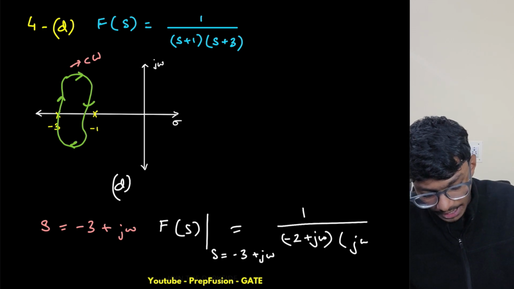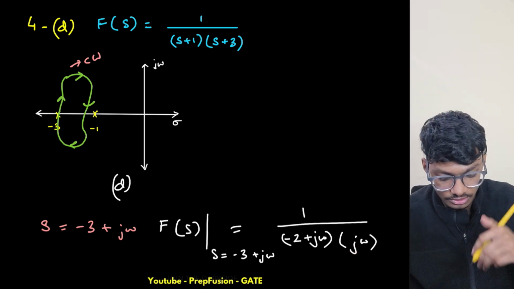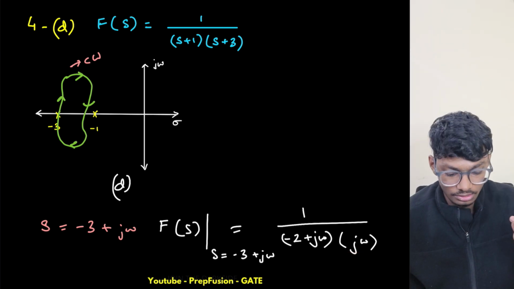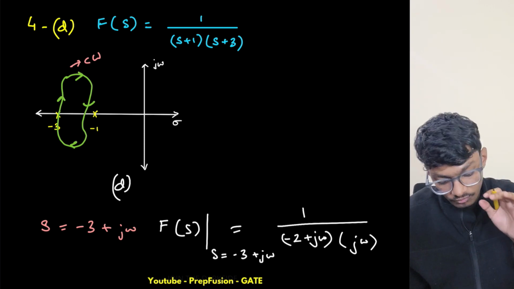Now I can write the angle and the magnitude. If I put omega equals 0 here, the magnitude obviously goes to infinity.